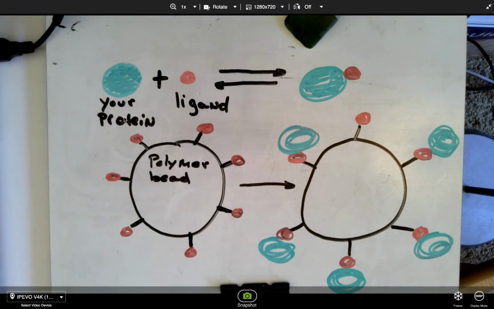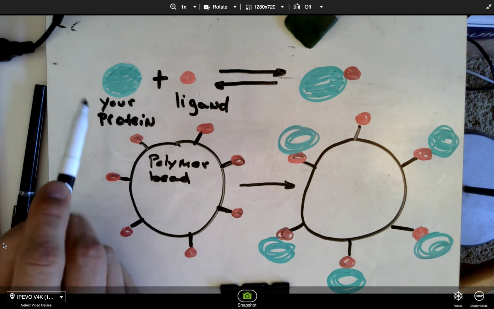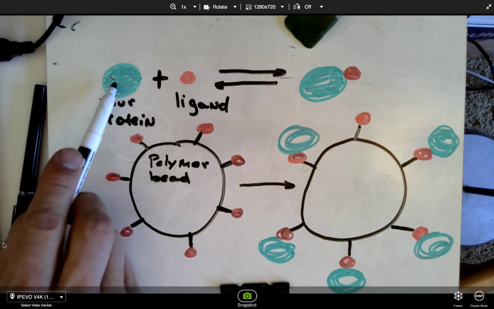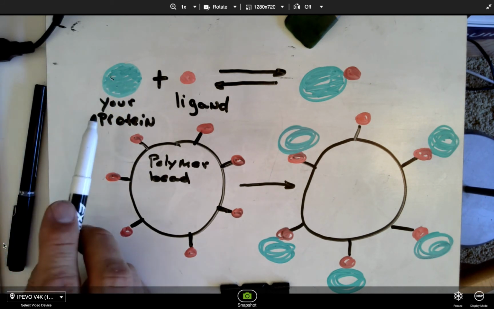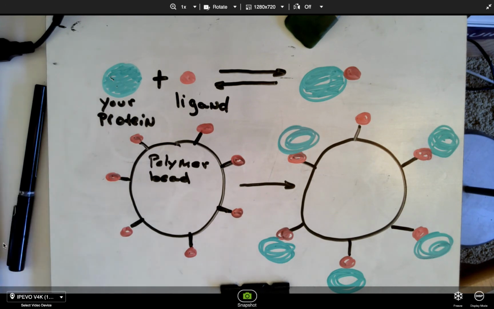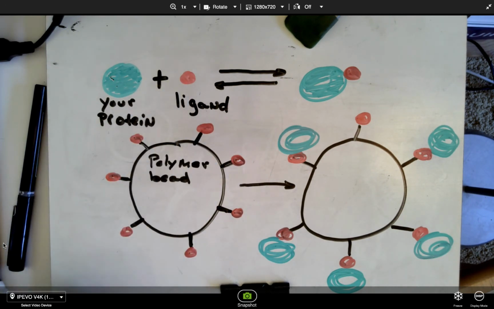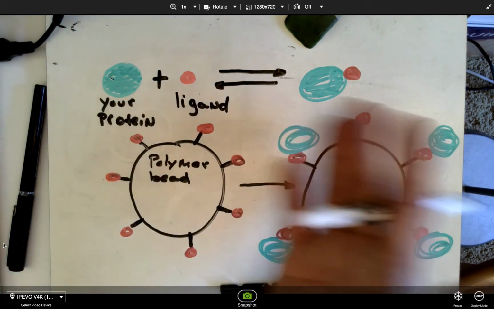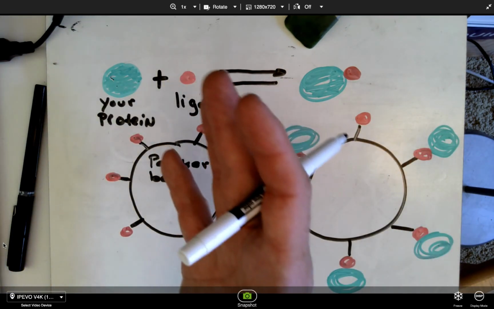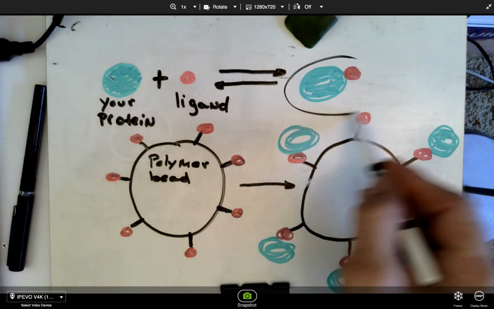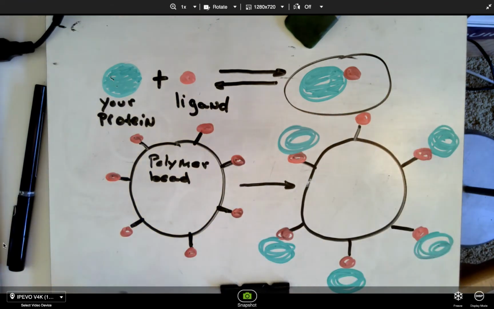What we see represented here in the image is a green sphere. That's your protein of interest. And you know before going into this that your protein of interest binds to this little red sphere. That's called a ligand. Anything that a protein binds to is called a ligand. And so we have this equilibrium that if you add ligand to a solution, your protein will bind it and you'll have this protein ligand complex.